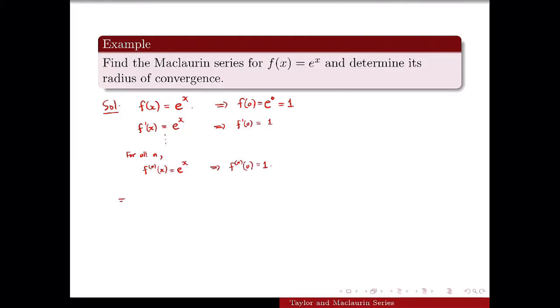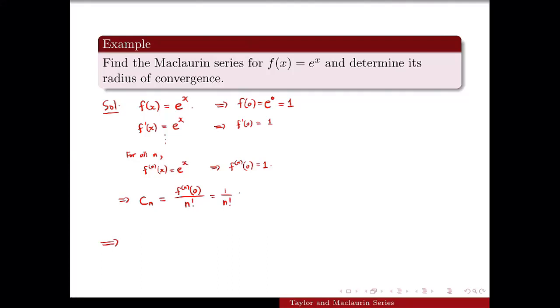So what does this mean? C sub n is just the nth derivative at 0 over n factorial, and this is simply 1 over n factorial.